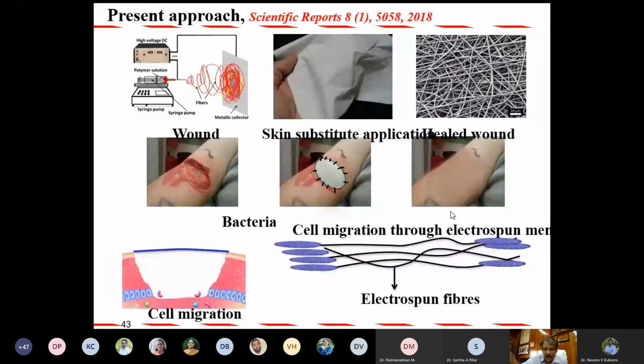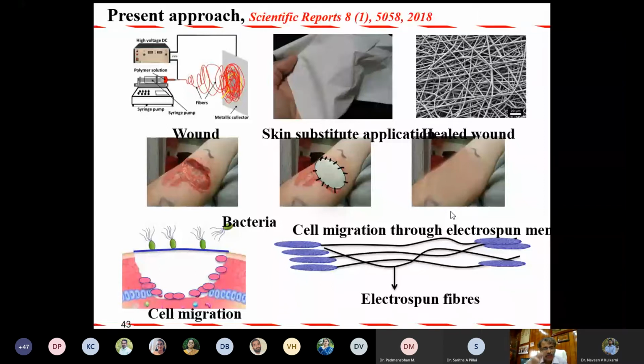You can have excellent cell migration, cell proliferation, angiogenesis taking place. So I have a group working on developing wound healing materials made of biocompatible polymers with different types of nanoparticles.